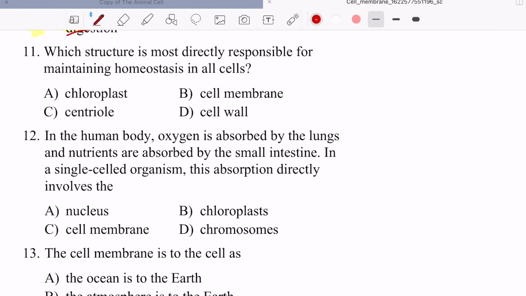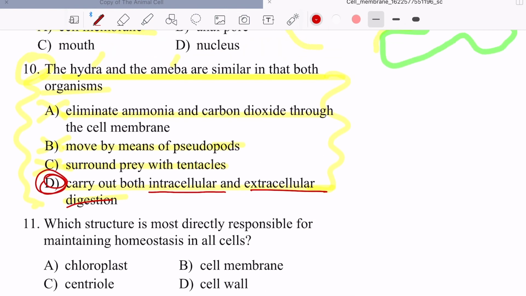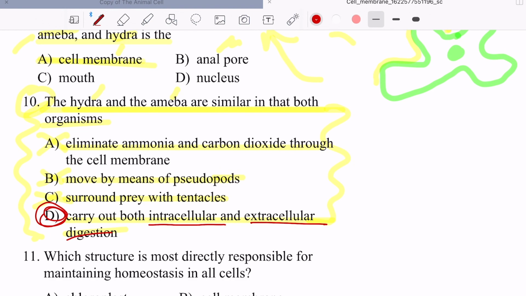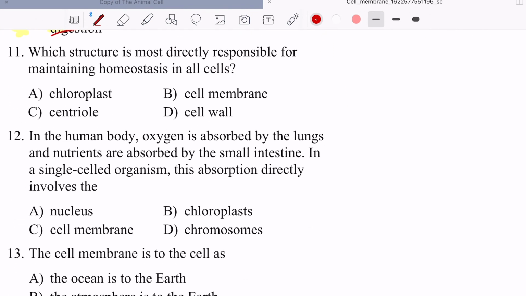Let's move on to number 11. Number 10 didn't really have much to do with the cell membrane, did it? Okay, 11. Which structure is most directly responsible for maintaining homeostasis in cells? Now, remember, I'm always going to throw this word at you.